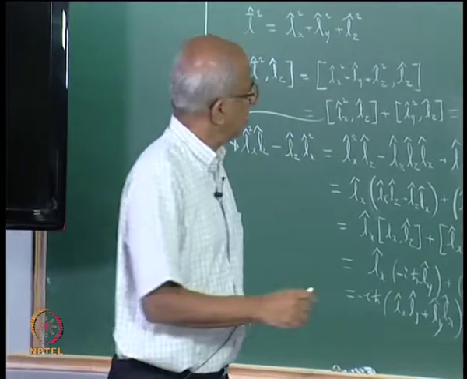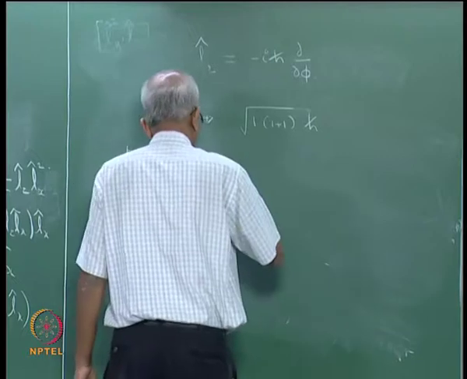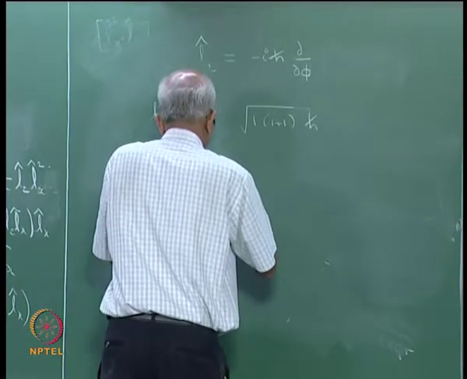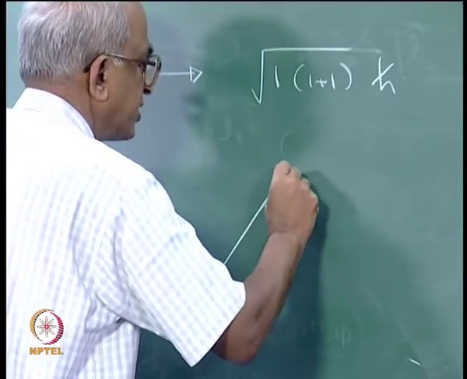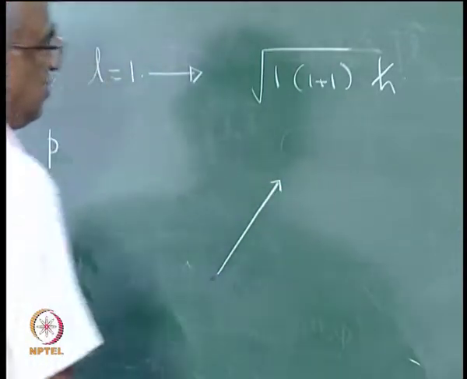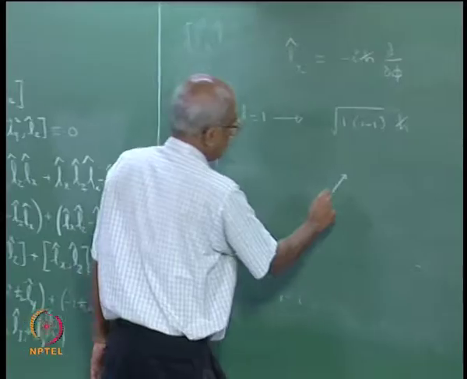Okay. So, I can say this is my origin, and then I will draw an angular momentum vector like this, such that the length is actually root 2 times h cross.